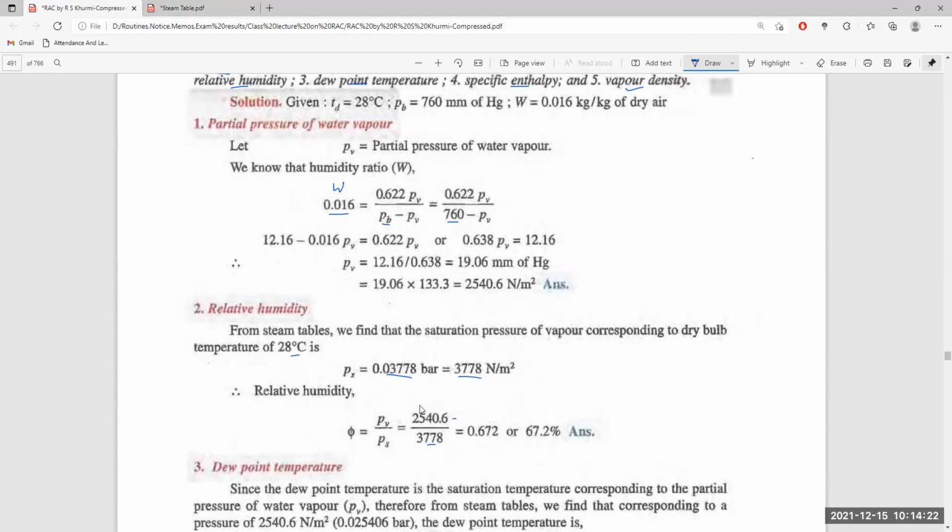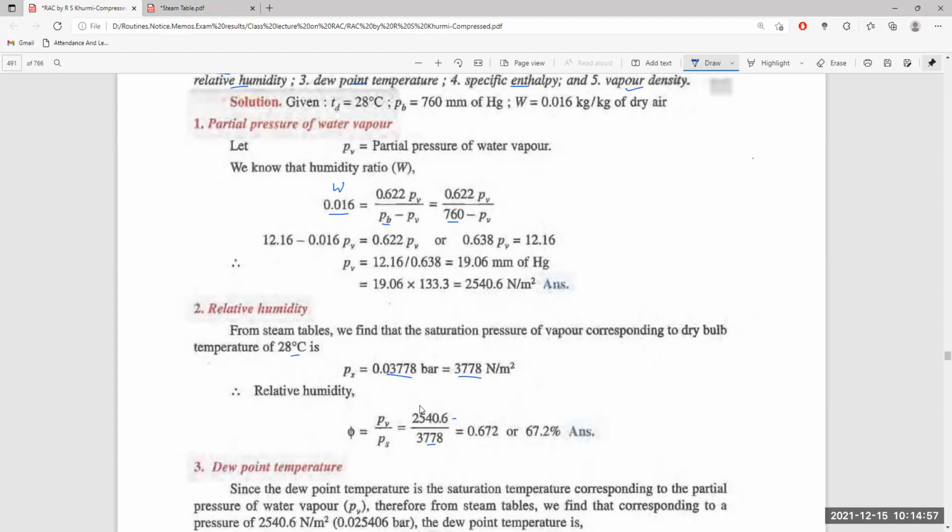By definition, the relative humidity is given as the ratio of the actual mass of water vapor in a given volume of moist air to the mass of water vapor in the same volume of saturated air at the same temperature and pressure.